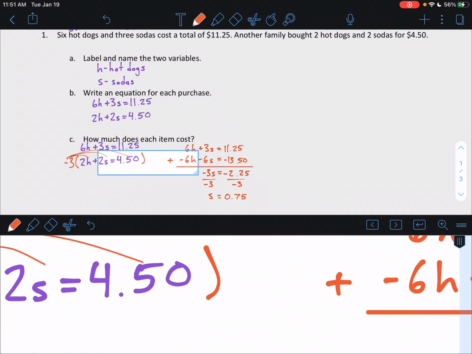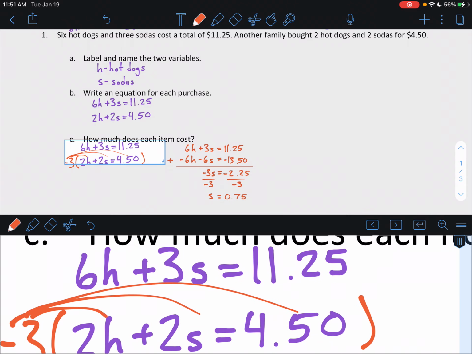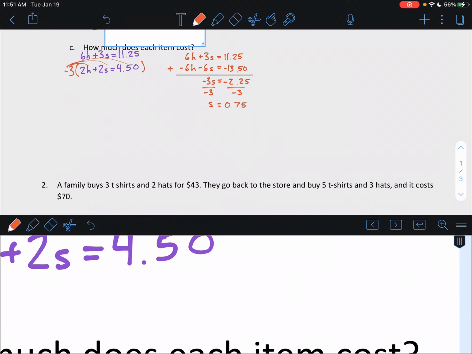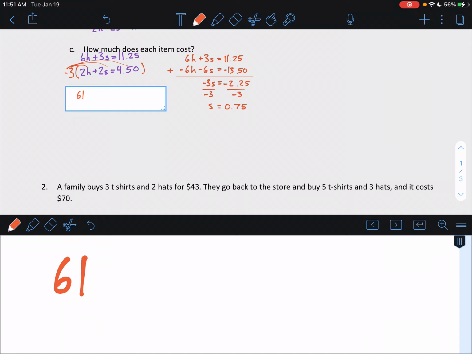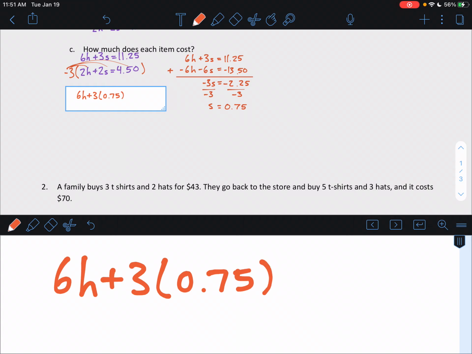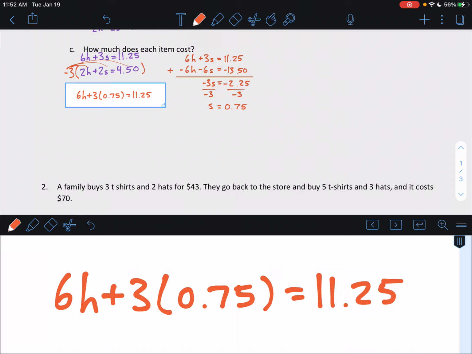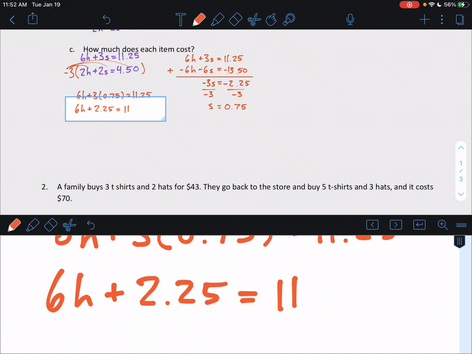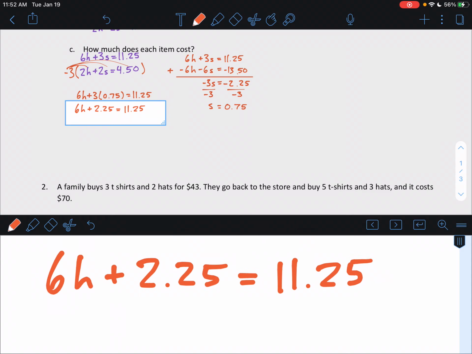Now I'm going to take that S and plug it into one of my equations. I'll just use the top one since that one is largely unused. So I have 6H plus 3 times 0.75 equals 11.25. So 0.75 times 3 is 2.25. So I have 6H plus 2.25 equals 11.25.